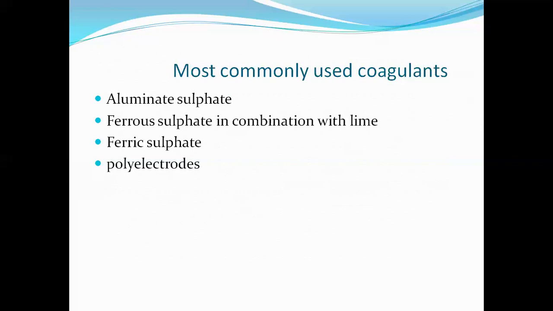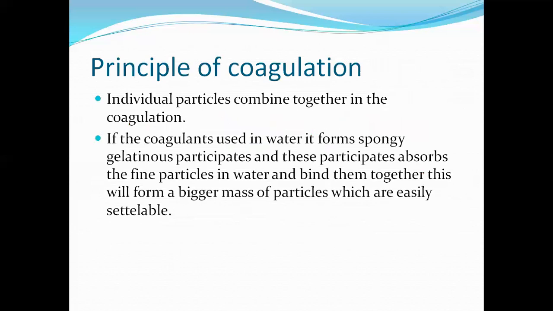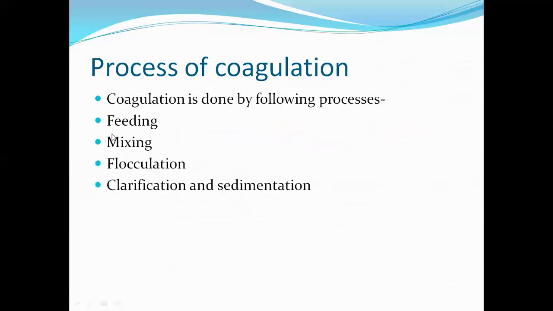Second is ferrous sulfate in combination with lime. Third is ferric sulfate, and fourth is polyelectrolytes. Please remember these types of coagulants. After the sedimentation process, the fourth water purification process is coagulation. Now see, we had discussed the principle of coagulation, then the process of coagulation.